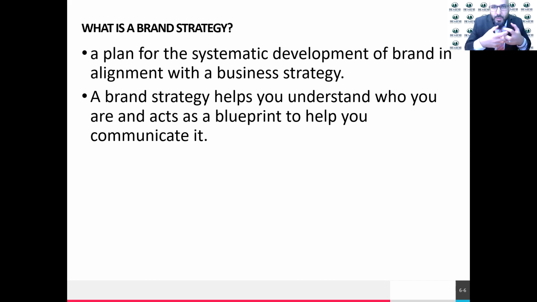There's an alignment between the business strategy and the brand strategy. They fit each other, they feed each other. It is a plan for your branding on what you need to do, how you would create a brand for your service, and this should be aligned with the business strategy.